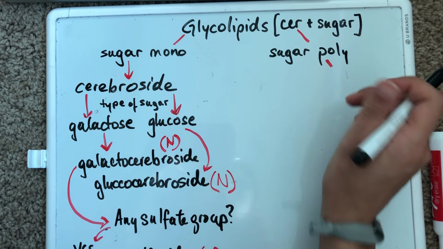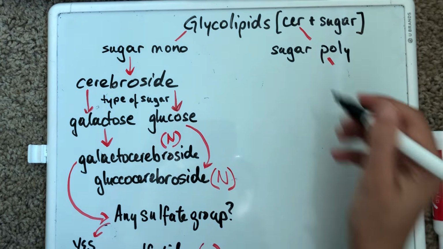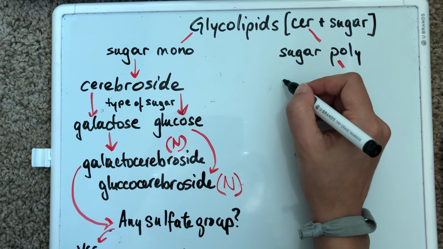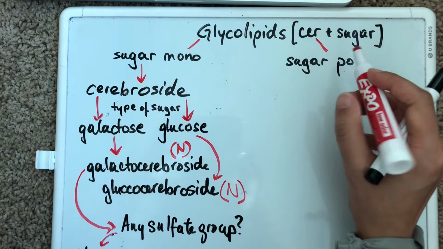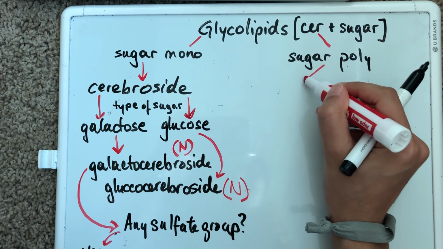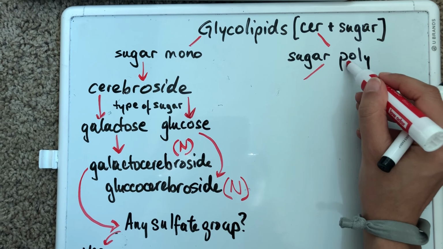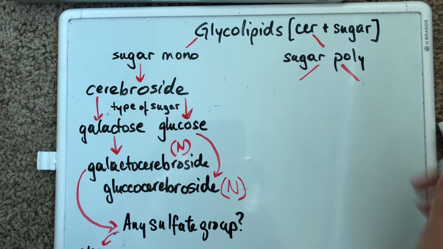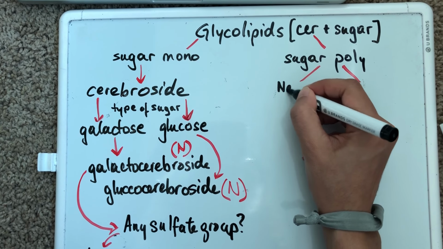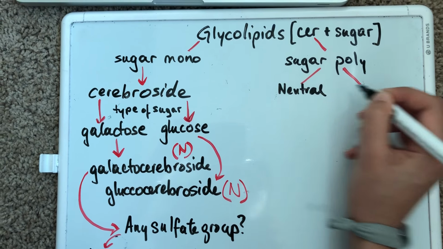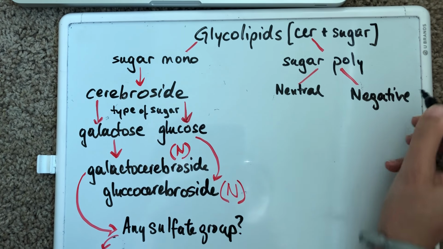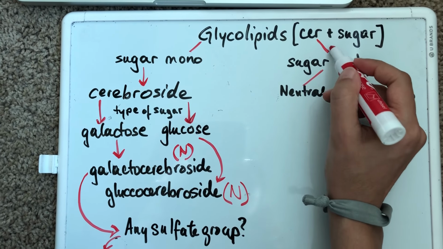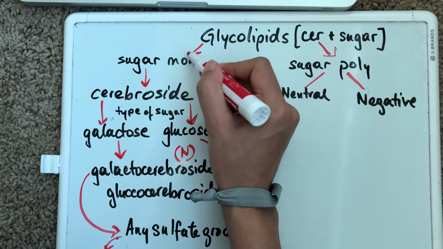So for a polysaccharide, we then ask another question with two arrows: neutral or negative.